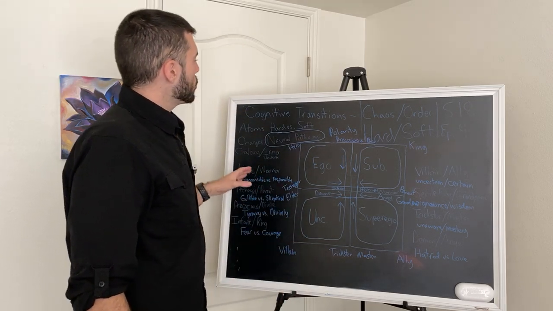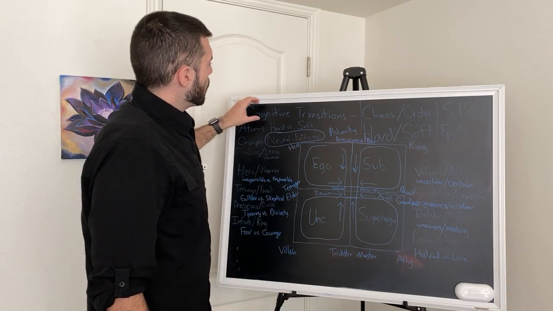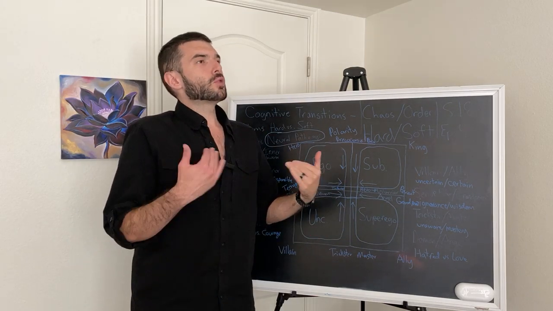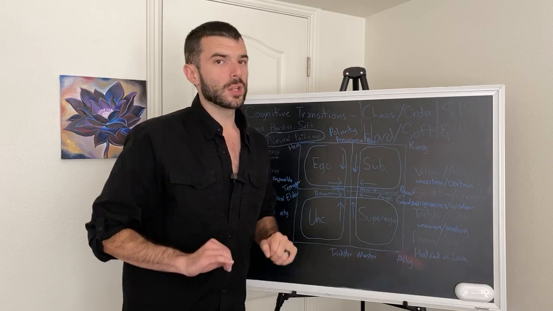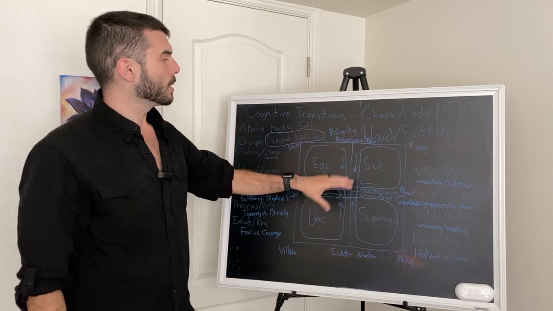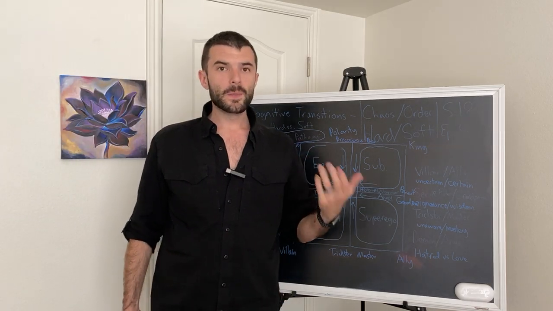Because what I'm going to try to show you is that not so much cognitive transitions themselves, but how cognitive transitions over time directly impact cognitive functions, right? We know how cognitive functions impact the four sides of the mind according to Season 19 and Season 22.